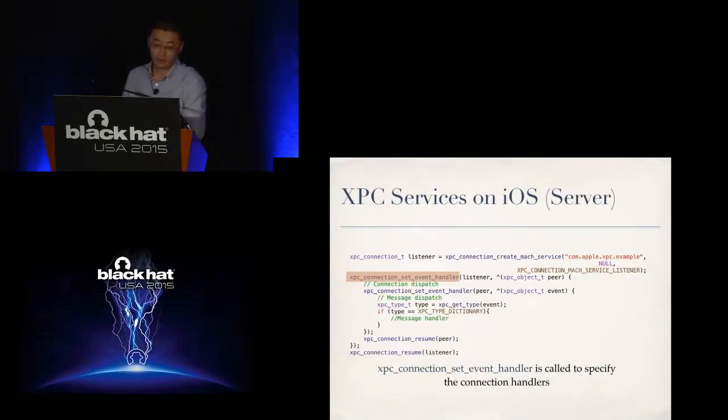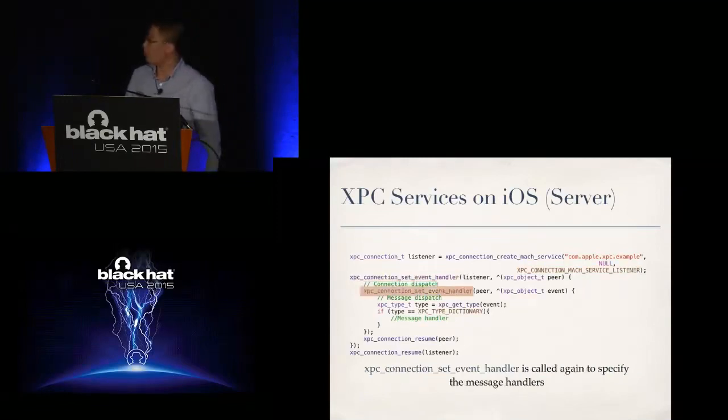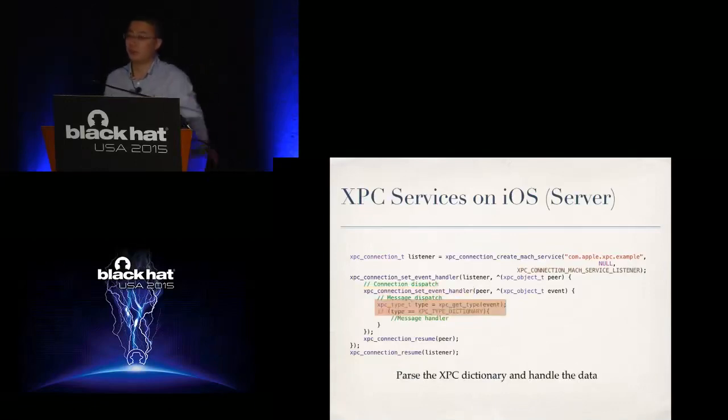And given a connection, you can call the API again, but this time you will set the message handler. And for the message handler, now you are able to get each piece of message. And actually the XPC message is in the type of XPC dictionary. I will show you later. But basically that's how the server side runs.